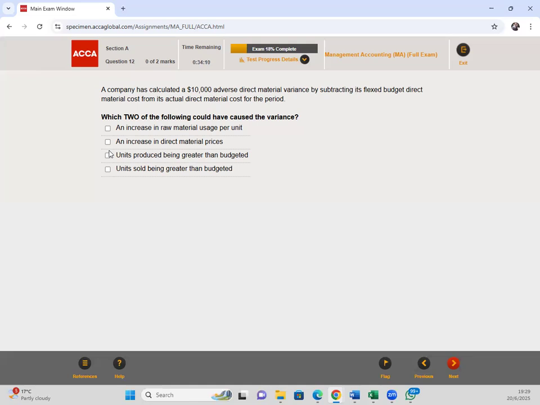So take note of that, that if the units produced are less or greater than the budget, it doesn't affect our variance. Why? Because we flex the budget.